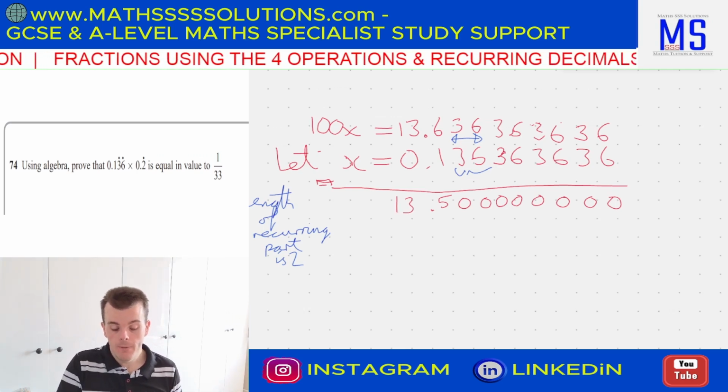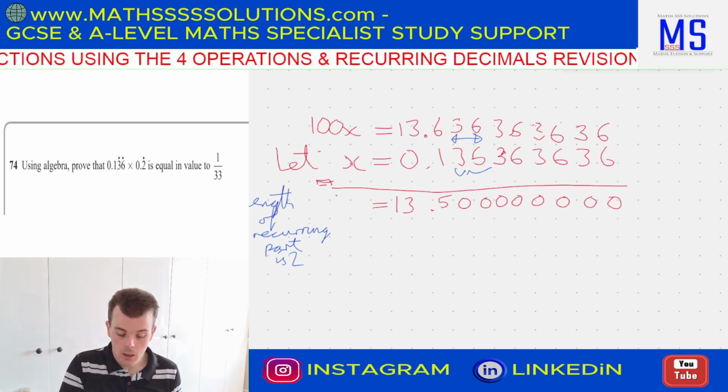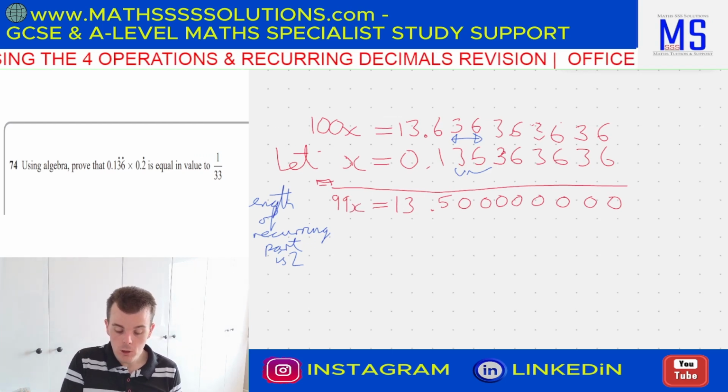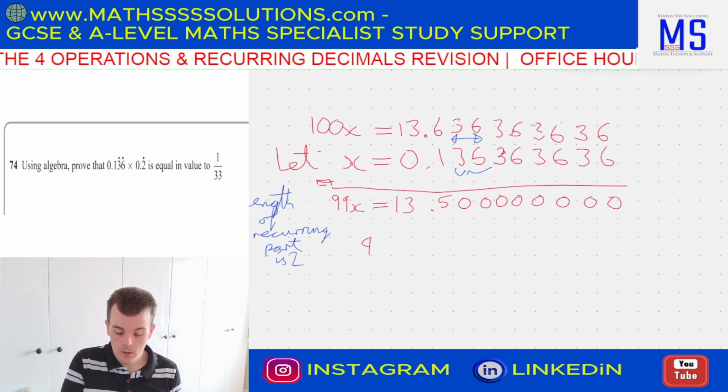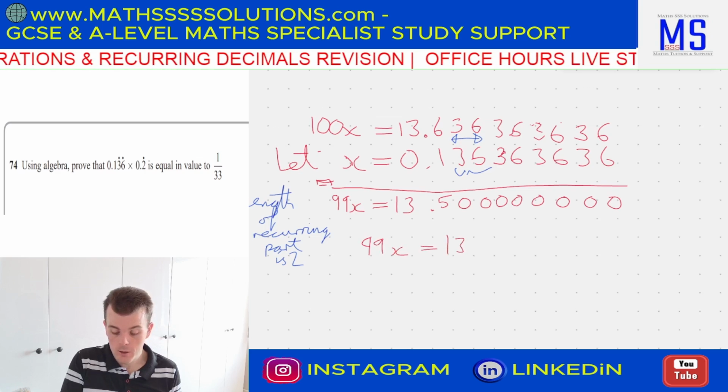Just remember to do the left hand side as well. 100x take away x is 99x. So you have 99x equals 13.5, and that's an exact number.